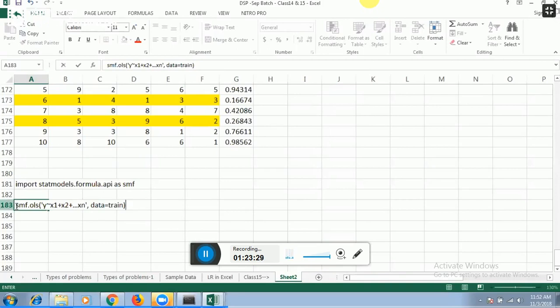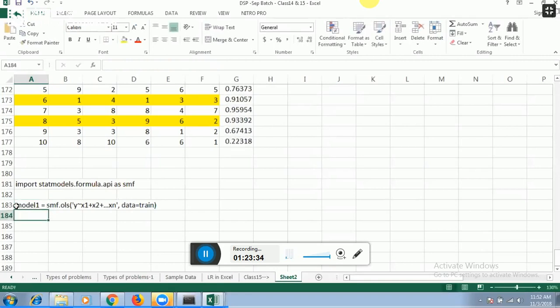You can save it as model 1. Now model 1 dot fit is fitting the model. The earlier step initializes your y and x, and now you are building the model.